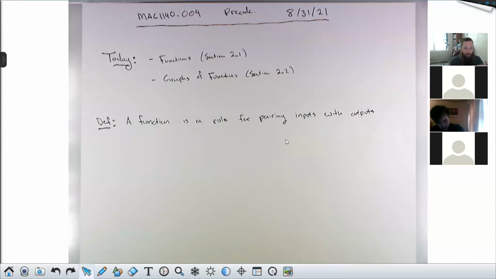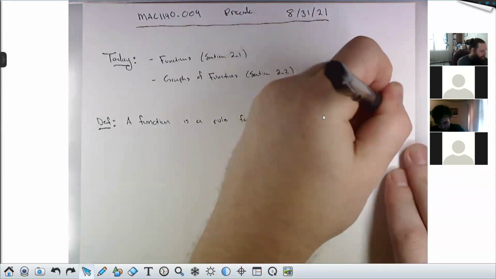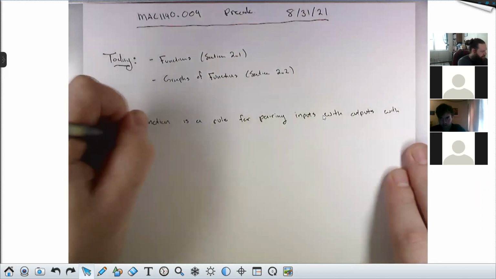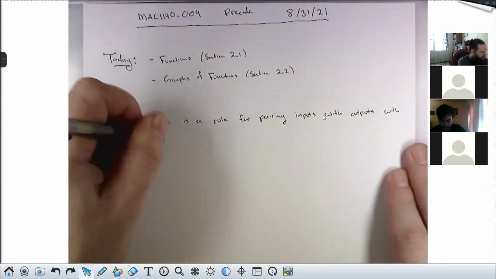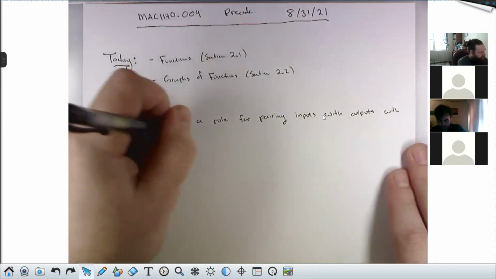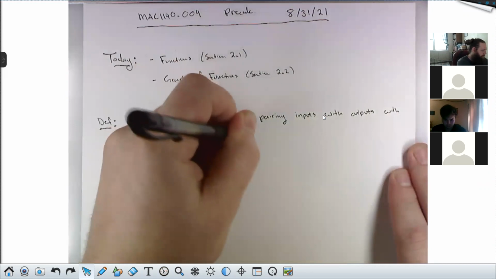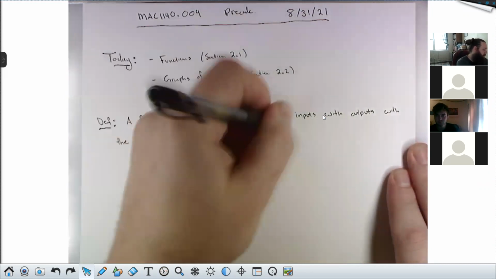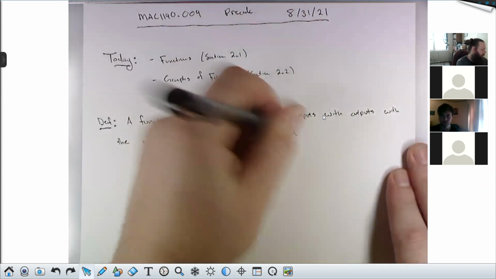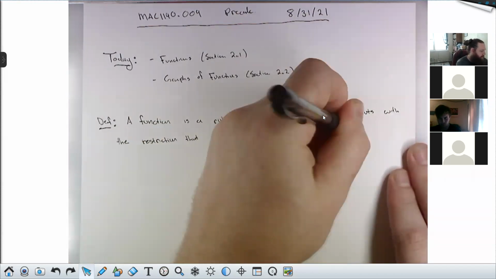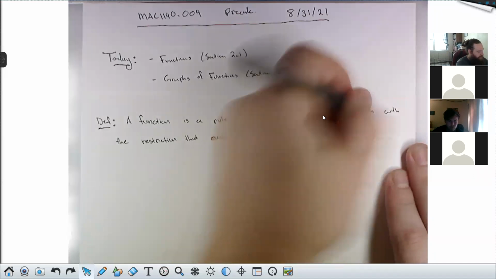And that's a good intuitive way to think of a function, but there's also a little extra stipulation with the restriction that each input is paired with one and only one output.